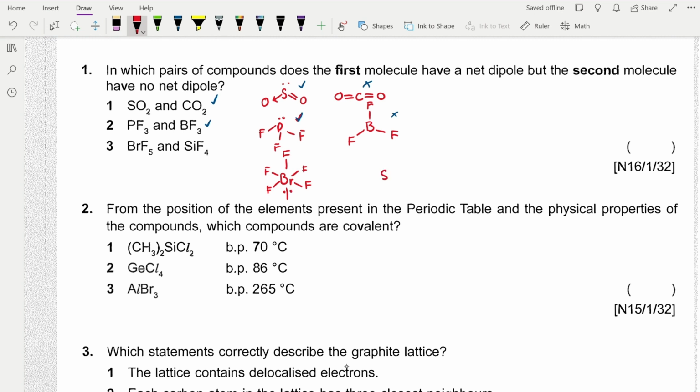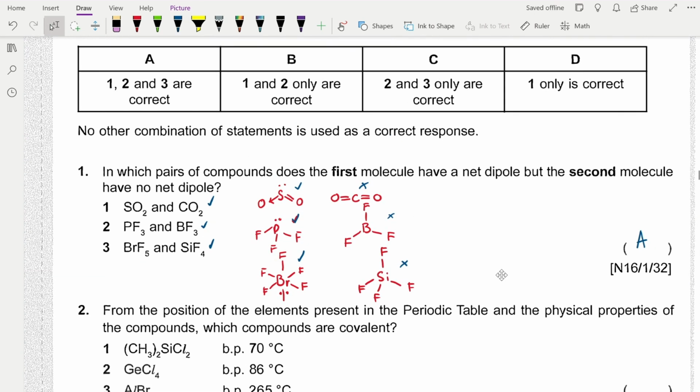Whereas silicon tetrafluoride has 4 electron domains and it's symmetrical. So the first molecule has net dipole moment because it's polar, and the second one does not have net dipole moment. So all 1, 2, 3 are correct. The answer is A.